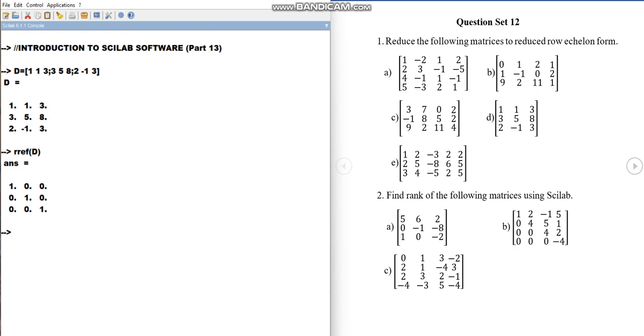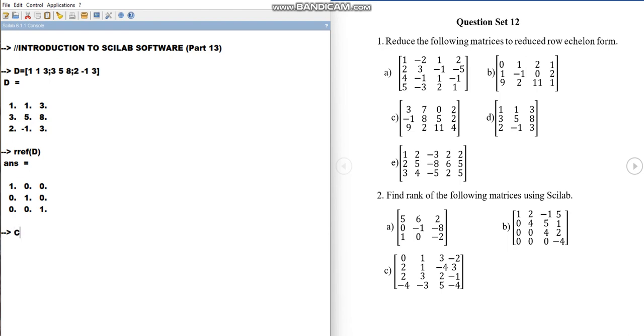That means at the first position 1, then below zeros, then 1 as the pivot position in the second row, with 0 below and above also 0, and the last is 1, and above the pivot position we should have zeros. So let's just do the first question. This is not the only row echelon form where we are getting the identity matrix.